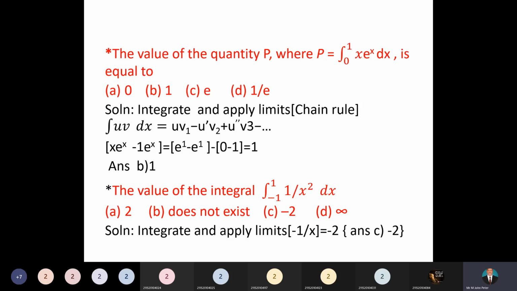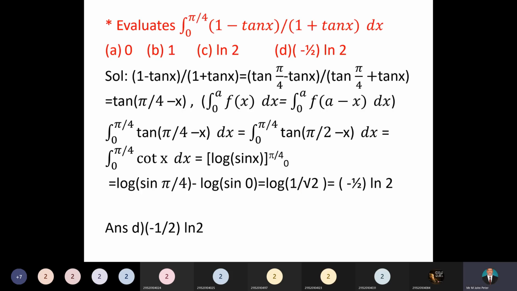So this is also, we had seen this 1 by x square. The usual one, take x square to the numerator and apply the integration. Using the formula, integral 0 to a f of x dx equals integral 0 to a f of a minus x dx.